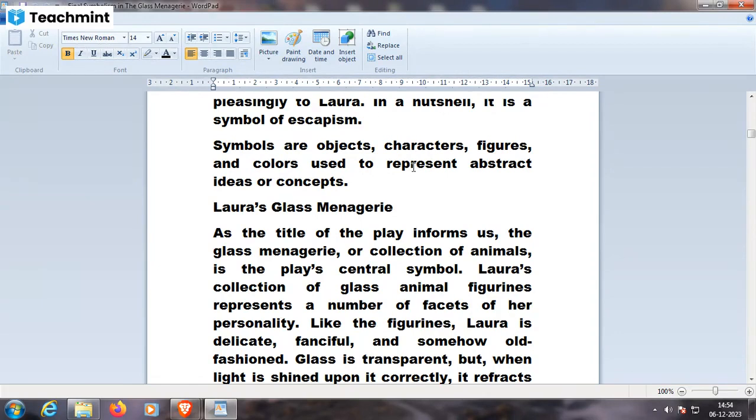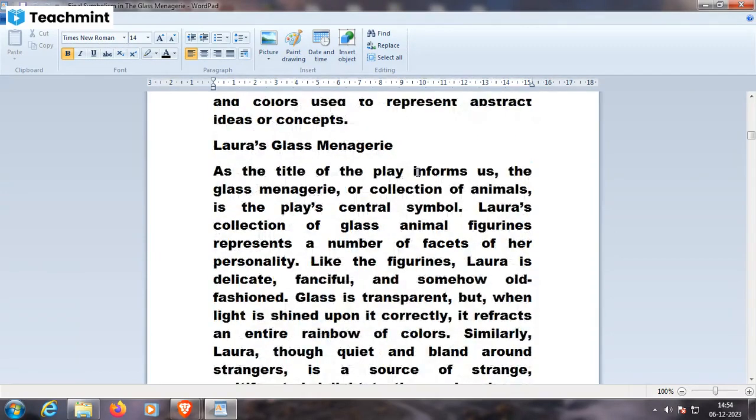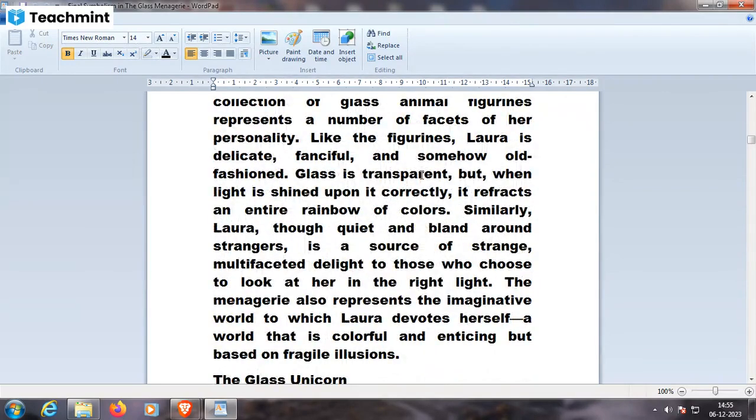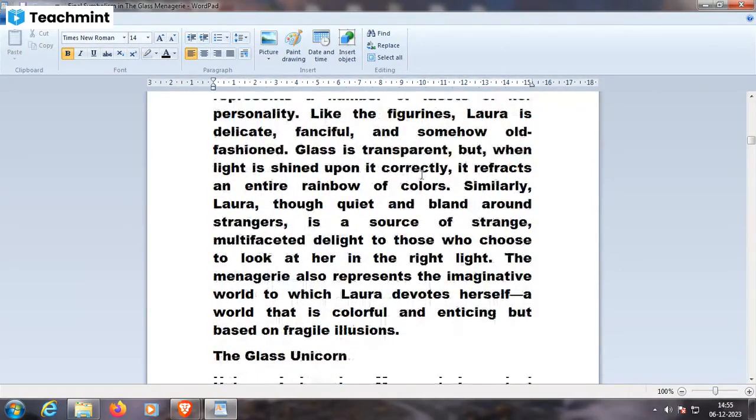Glass is transparent, but when light is shined upon it correctly, it refracts an entire rainbow of colors. Similarly, Laura, though quiet and bland around strangers, is a source of strange, multifaceted delight to those who choose to look at her in the right light. The menagerie also represents the imaginative world to which Laura devotes herself, a world that is colorful and enticing, but based on fragile illusions.